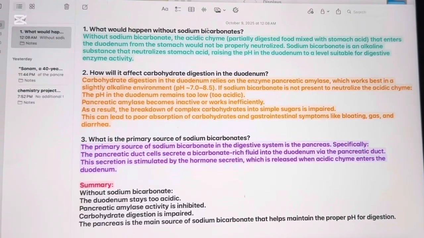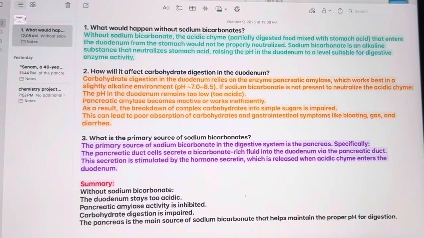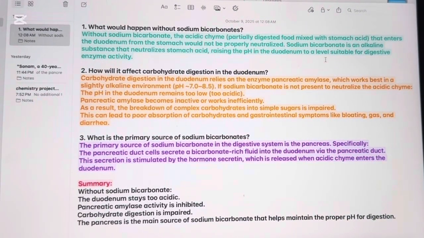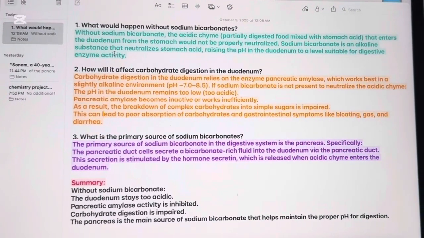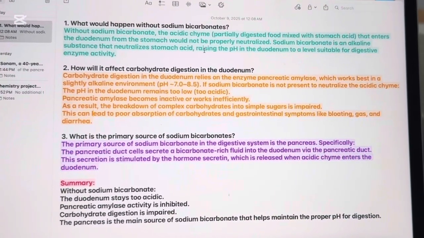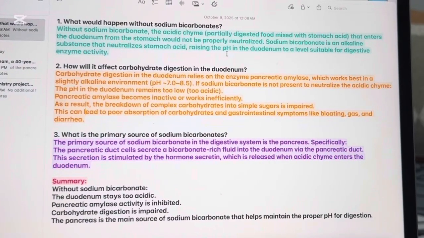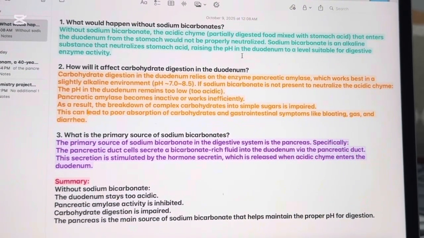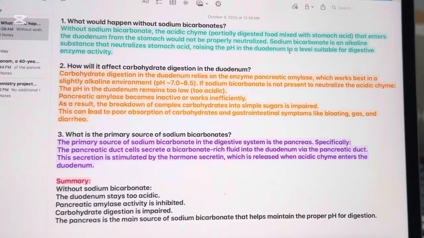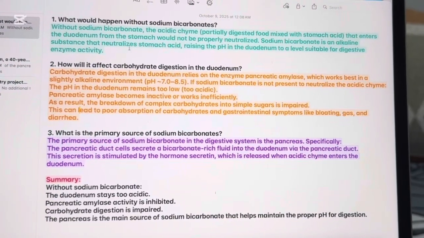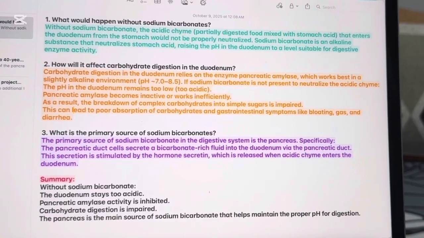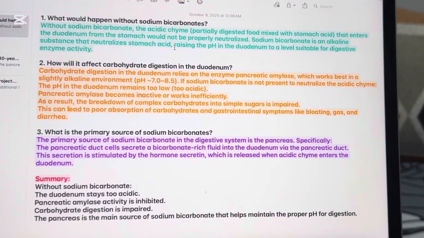Without sodium bicarbonate, you won't be able to neutralize the acidic chyme. Sodium bicarbonate is an alkaline substance that neutralizes stomach acid, which means it will raise the pH and make the duodenum alkaline, which is suitable for digestive enzyme activity, that is for protein digesting enzymes as well as for pancreatic amylase.